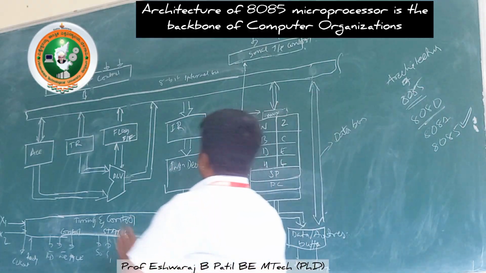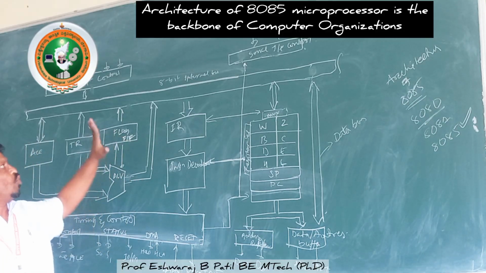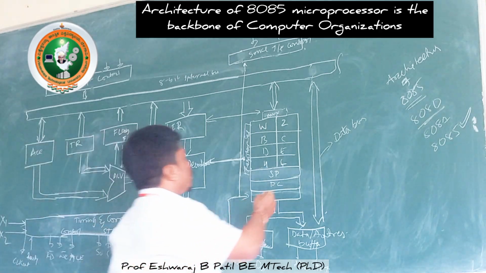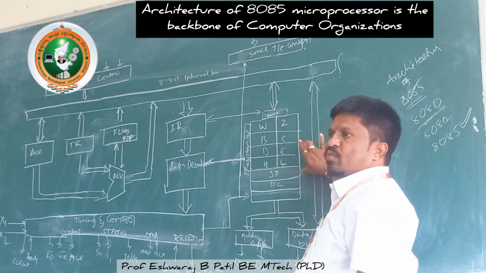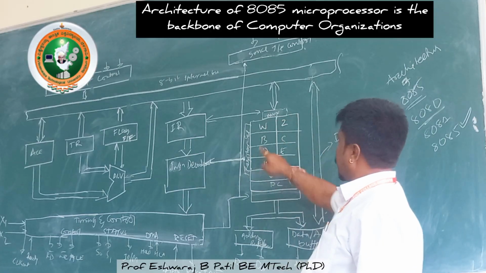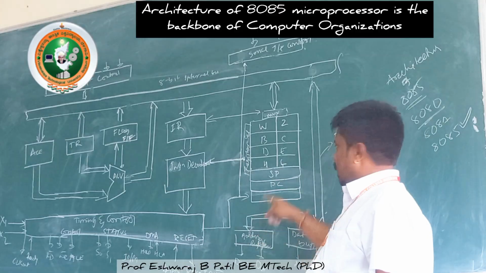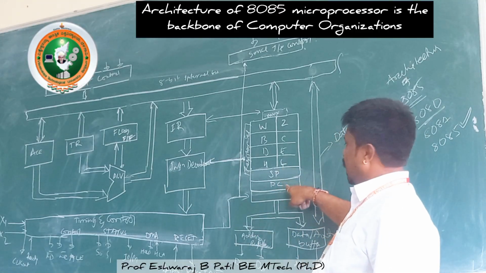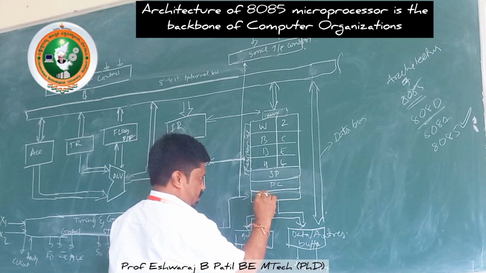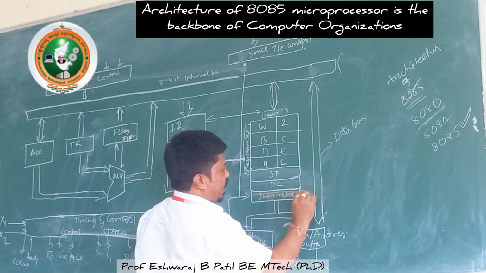This is the architecture of the 8085 microprocessor. There are many blocks. First, this is the array of registers: W, Z, B, C, D, E, H, L. This is the stack pointer, this is the program counter, and the incrementer and decrementer are also there.